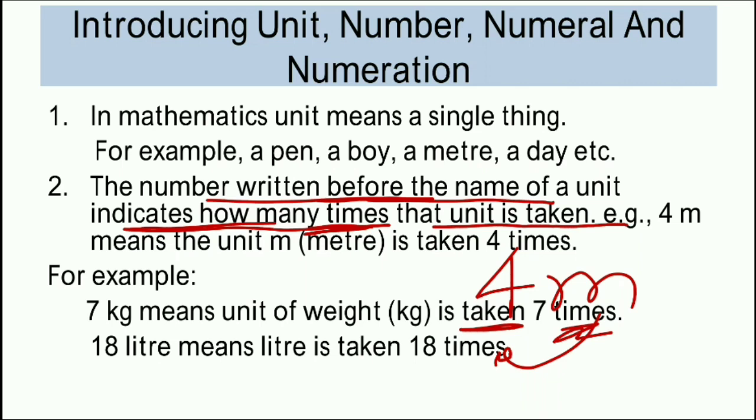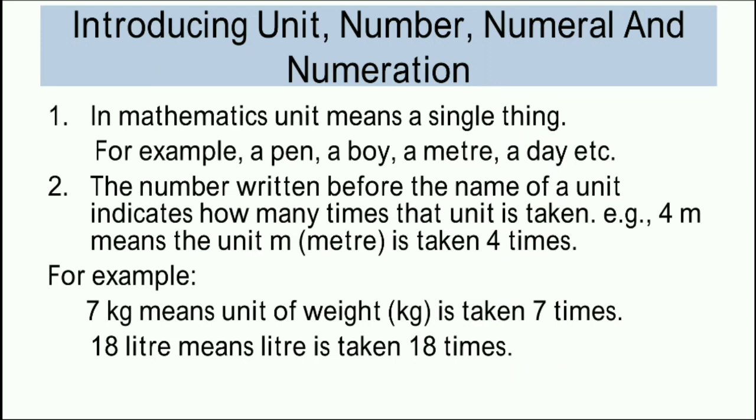Suppose 1 foot is there, and then we talk about 2 feet. What does it mean? That foot will be taken 2 times. 2 feet means the foot will be taken 2 times. If we say 5 kg, what does it mean?